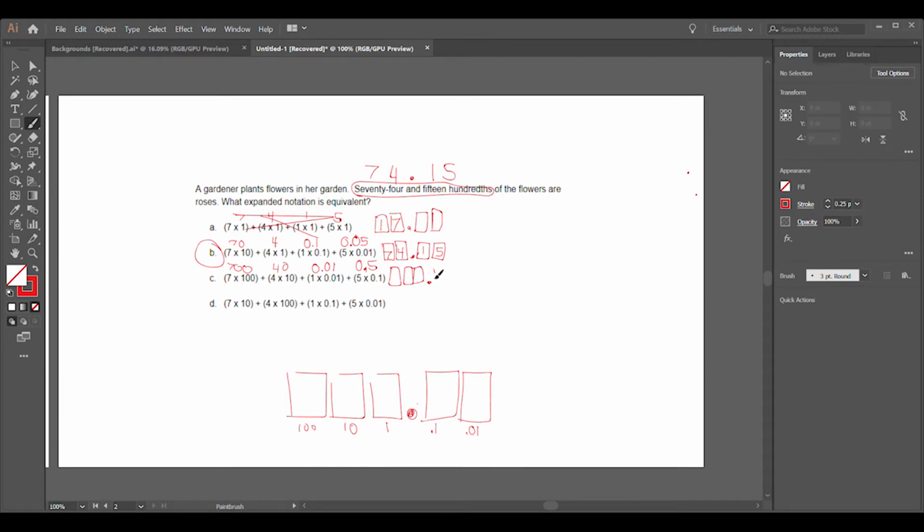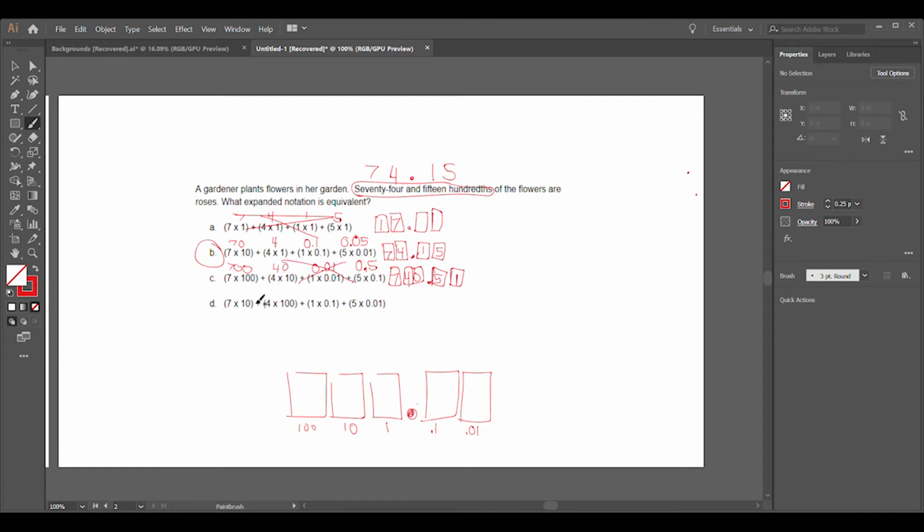My decimal. Here is my tenths, and here's my hundredths. 700 plus 40 makes 740. That kind of looks crazy there, but our 5 is in the tenths, so the 5 goes here, and our 1 goes in the hundredths. That's 740 and 51 hundredths, which is not what the number was in our problem. So that wouldn't have been the answer.